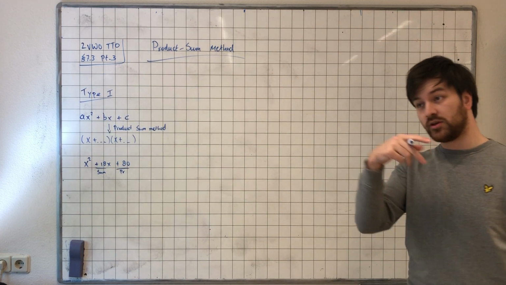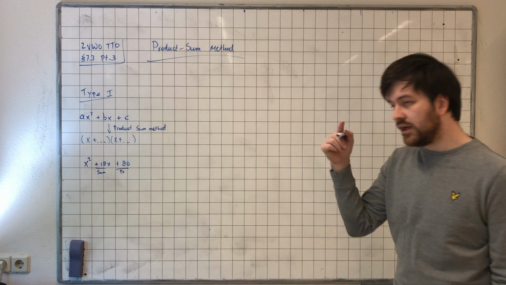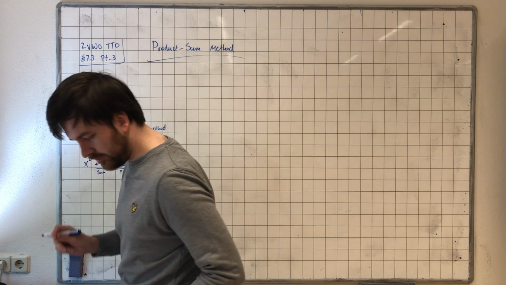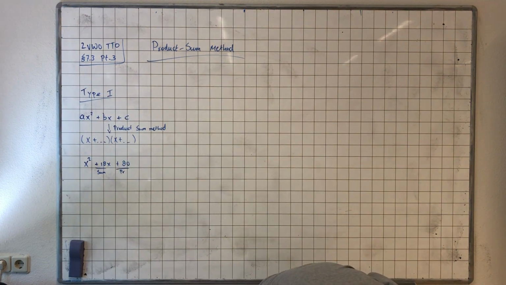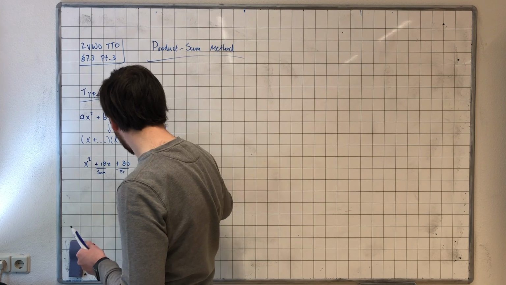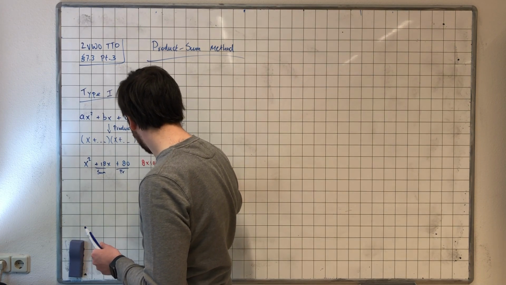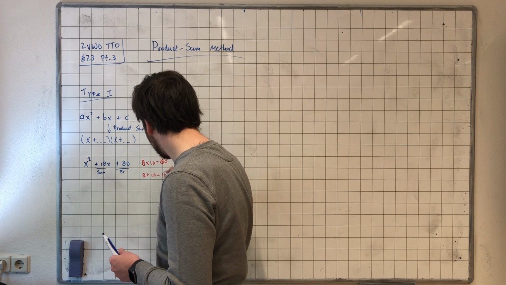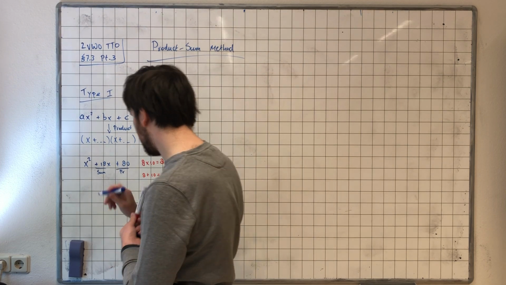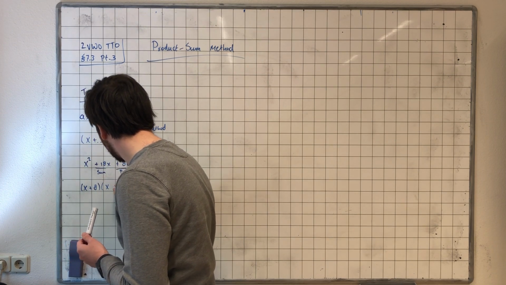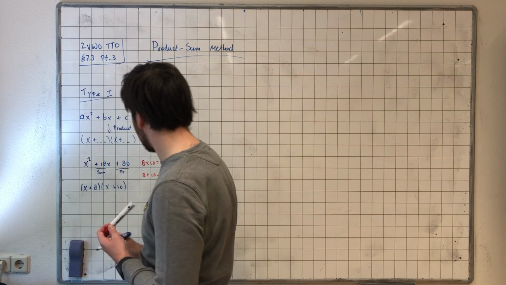That's 10 and 8, because 10 times 8 is 80, and 10 plus 8 is 18. Those are the 2 correct numbers, which means we get x plus 8 and x plus 10. That's the product sum method.